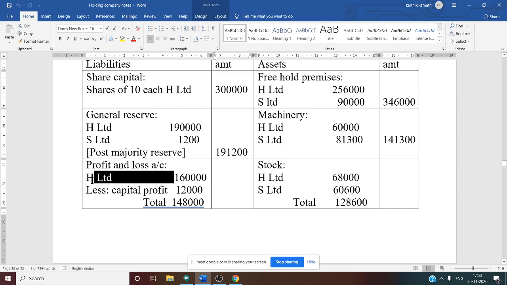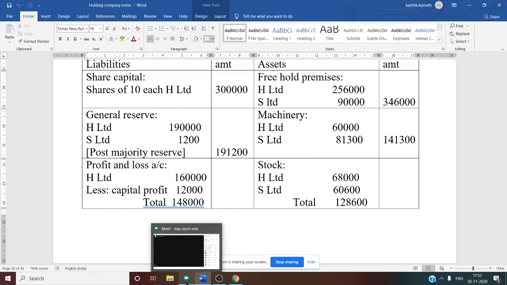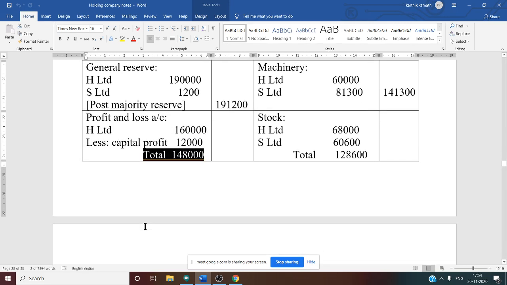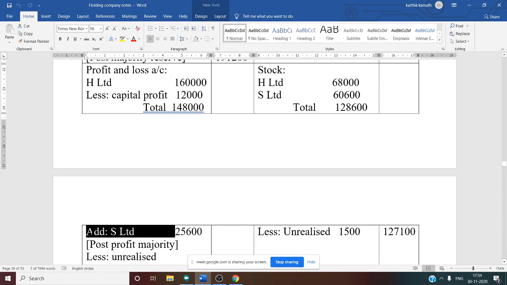Similarly, there is profit and loss account information. Holding company profit and loss account given in the balance sheet 1,60,000. But we can take only revenue profits and not capital profit. There is interim dividend paid, 12,000, that is capital profit. So we have to deduct this from holding company profit and loss account. Total profit and loss account of holding company is 1,48,000. Now for the subsidiary company we cannot take 1,08,000 given in the balance sheet.